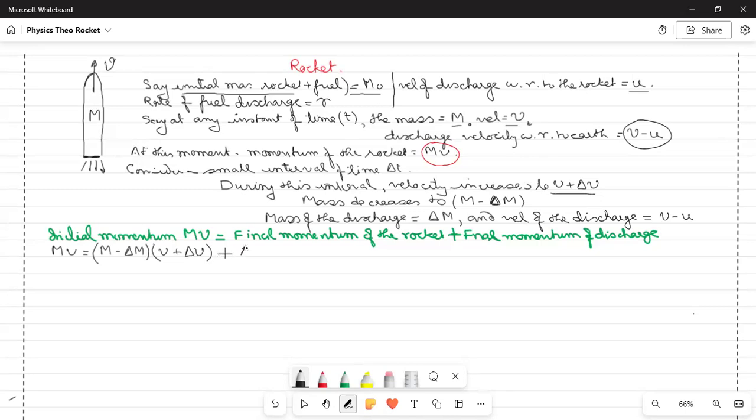The mass of the discharge is del m and the velocity of the discharge is u. Clear? Now this is equal to, just keep on multiplying them.